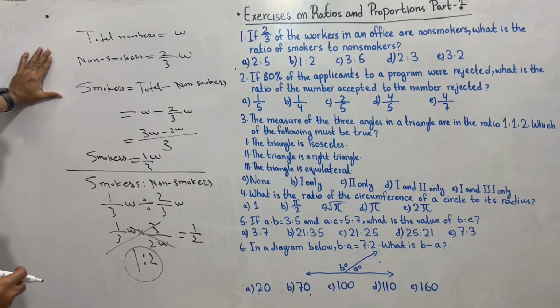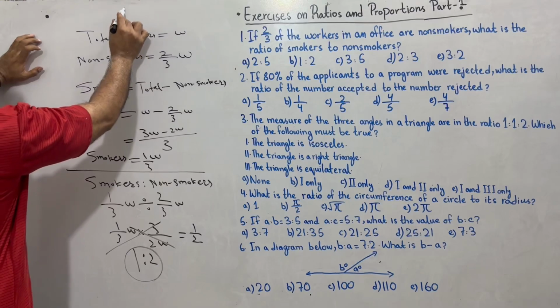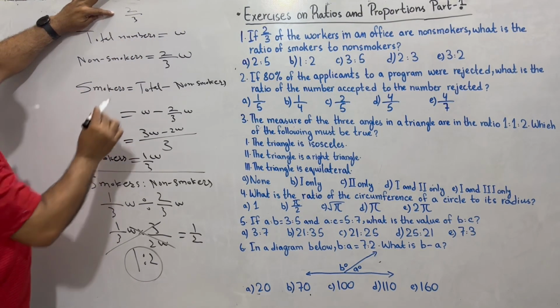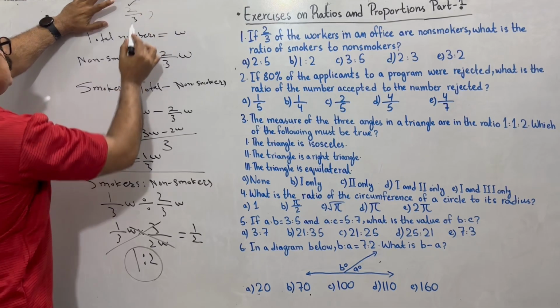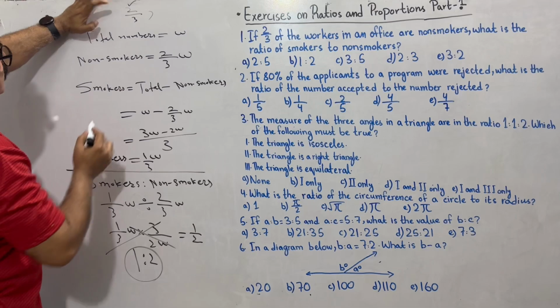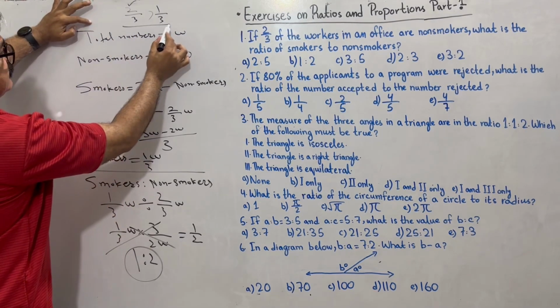It's a tiny question. I have taken length in order to explain it in detail. Here 2/3 is the non-smokers ratio. Simply ask yourself, what should be added to 2 to get 3? It is 1. That is smokers.